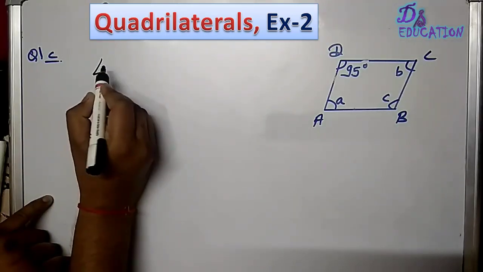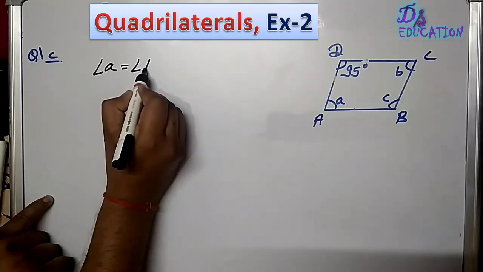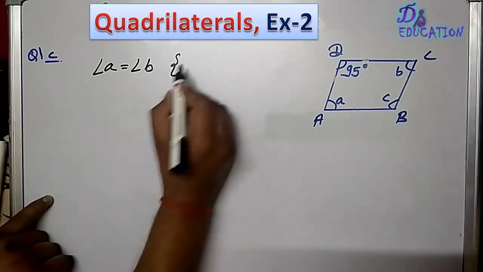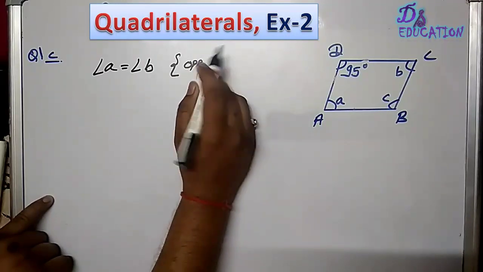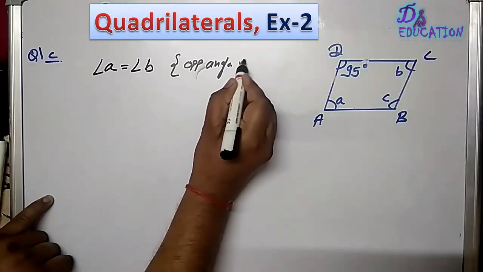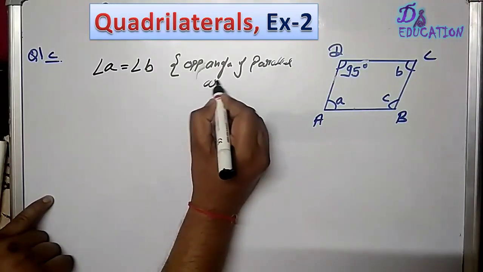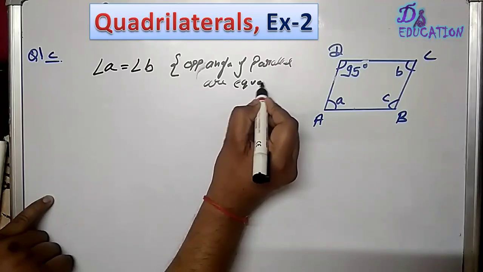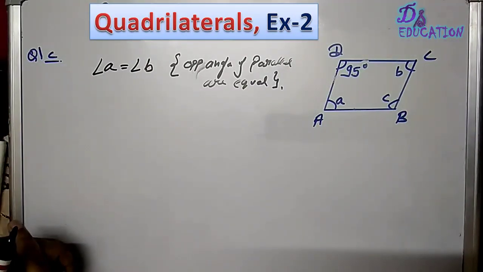The first property which we know is that angle A is equal to angle B. Now why is it so? Because we know that opposite angles of a parallelogram are equal. Okay, this we have already understood in the theoretical portion, the properties of a parallelogram.